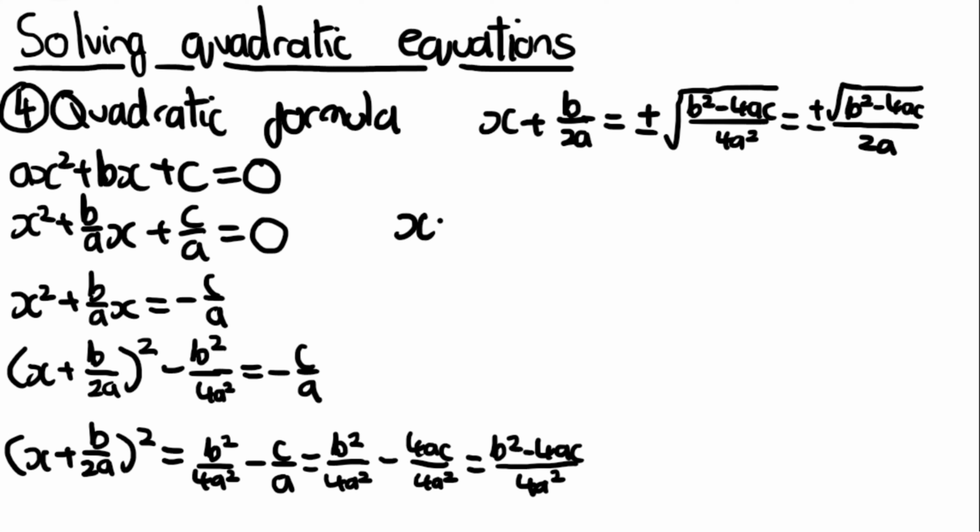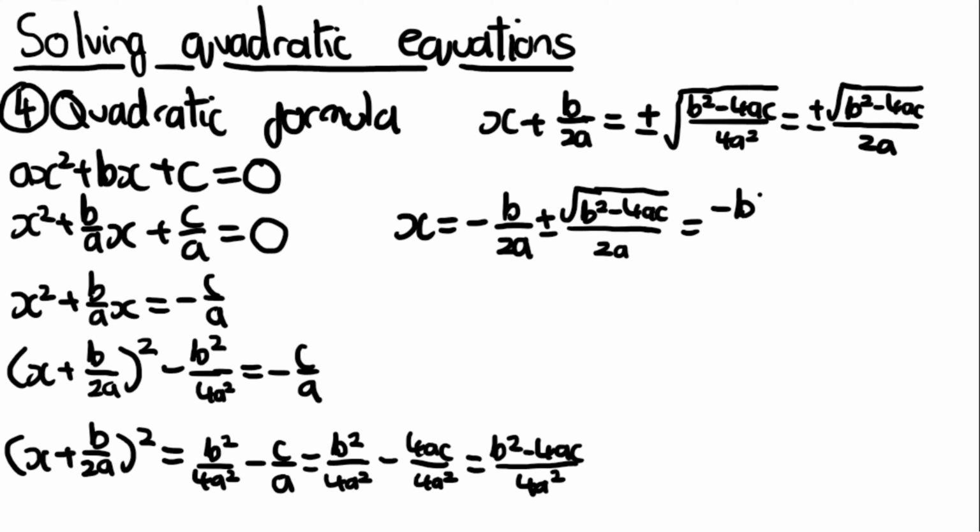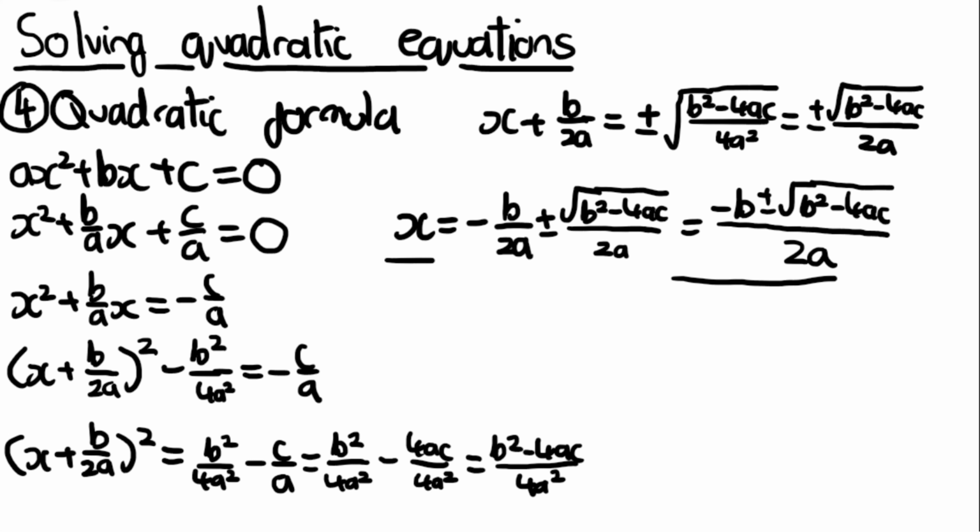So you get x is equal to minus b over 2a plus or minus the square root of b squared minus 4ac over 2a, which you can simplify to minus b plus or minus the square root of b squared minus 4ac over 2a. And then that's how you get the quadratic formula.